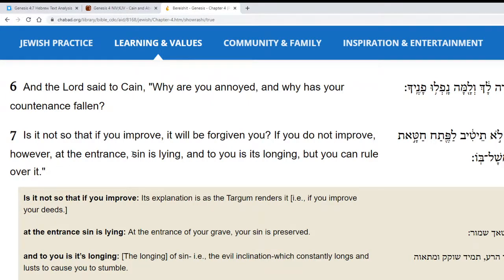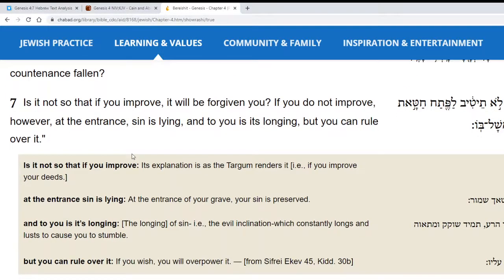I personally just want to see the Rashis here. I hope you don't mind. Tetev, he's taking from the Targum. At the entrance, your sin is preserved. Lefetach hatach rovetz. Lefetach kivrecha chatat shemor. Oh, wow!